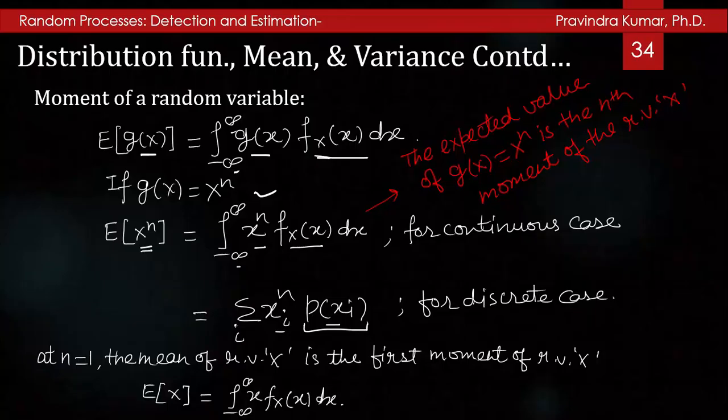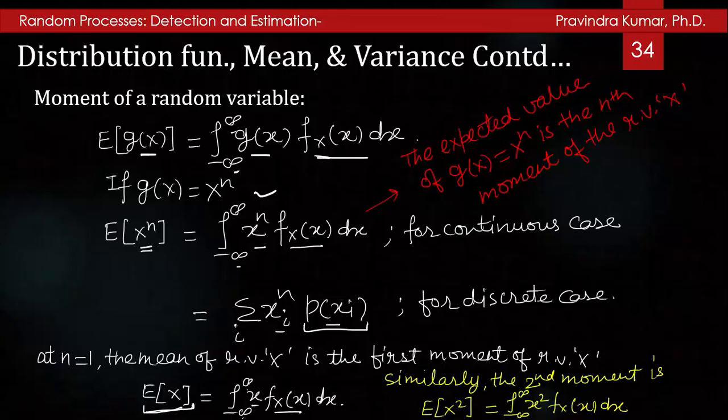The first moment of the random variable is the mean value, which is the integral from minus infinity to infinity of x fx(x) dx. And for the second moment of the random variable, similarly you can find E[x square], which is the integral from minus infinity to infinity of x square fx(x) dx. This second moment is known as the mean square value.